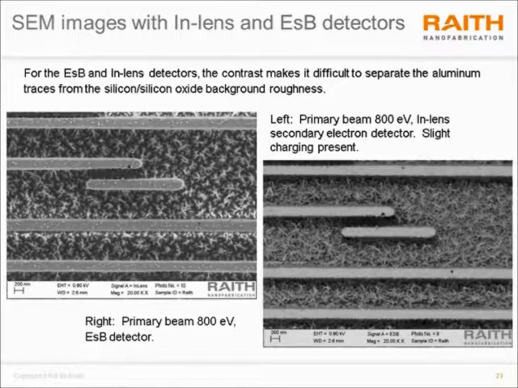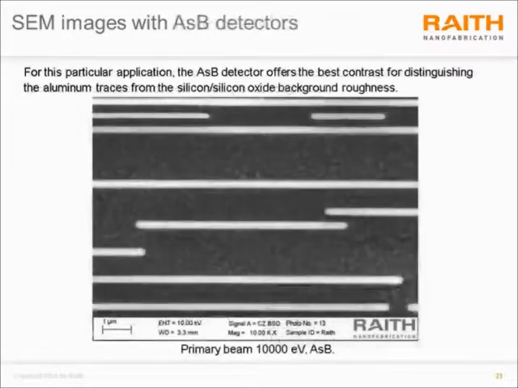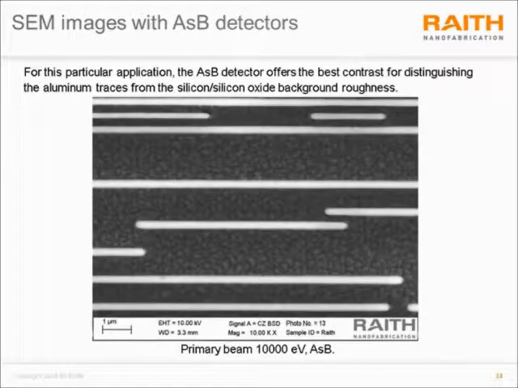And in fact, these detectors and energies are having a hard time showing the high contrast that is required for the software to properly work. But if we switch now to the post-lens angular selective backscatter electron detector, we see that these aluminum lines are appearing with very high contrast over the silicon background.